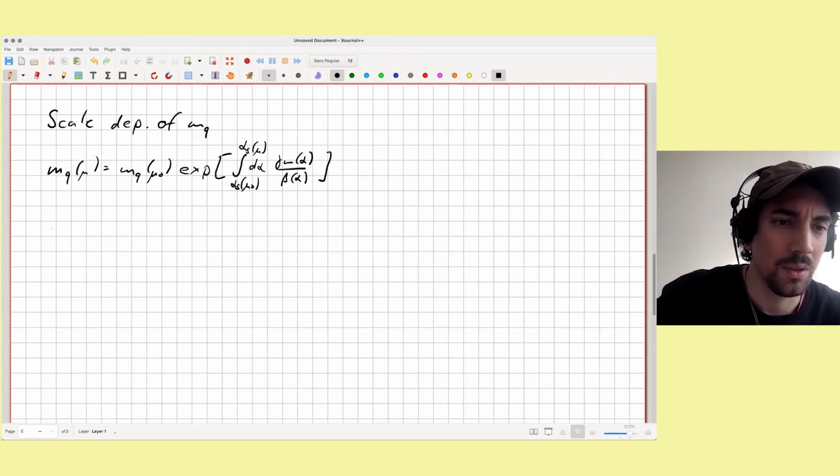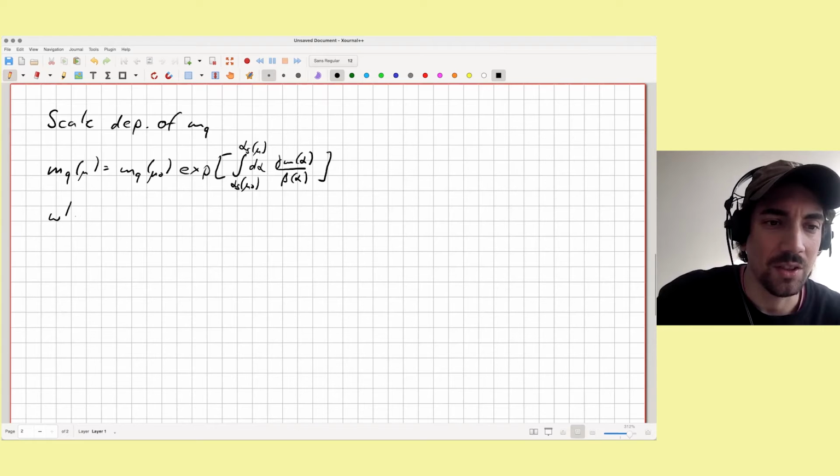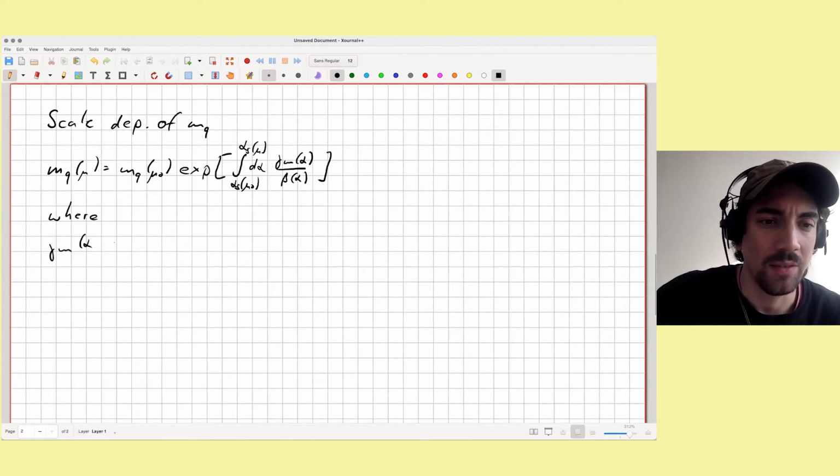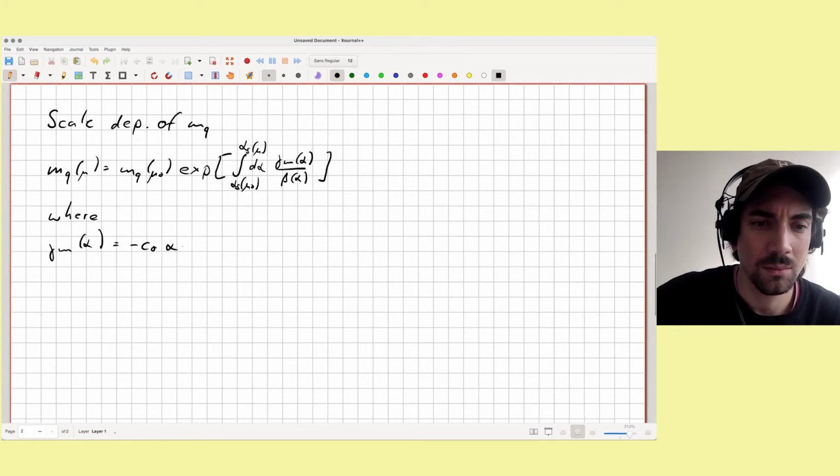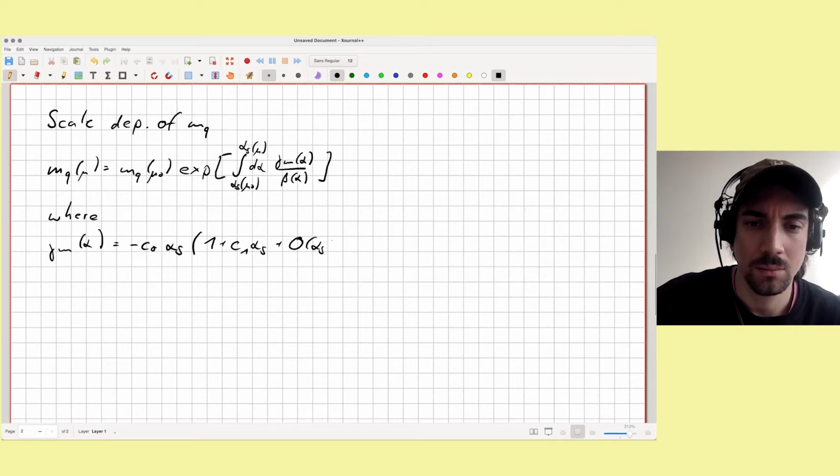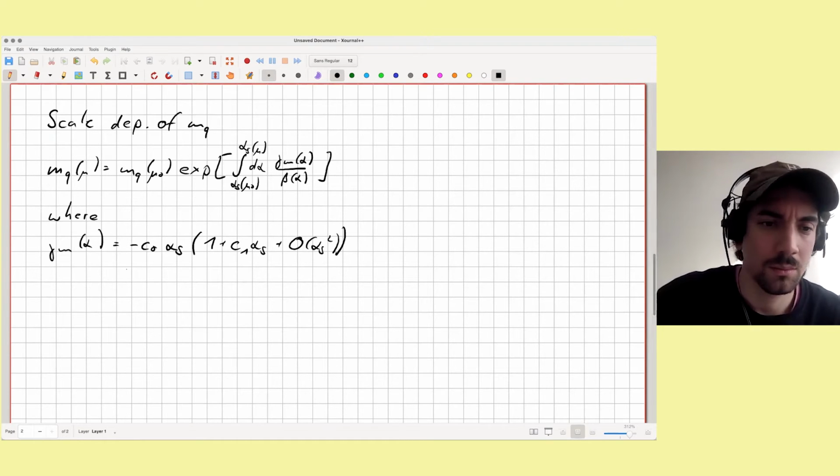Here we are supposed to evaluate this with the anomalous dimension and the beta function at next to leading order, where they're given by the beta function.